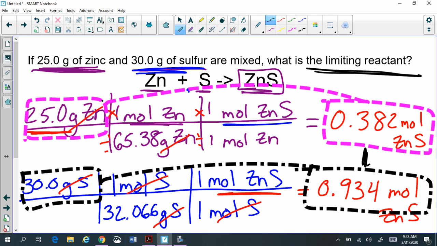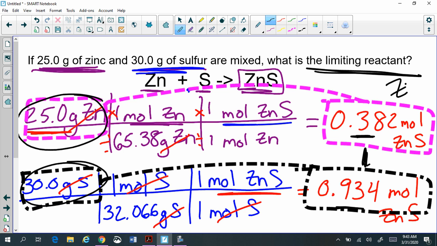It's either zinc or sulfur. It's whichever one of those gives you the least amount of product. In this case, it's zinc, because zinc only gives you 0.382 moles, while sulfur gives you 0.93 moles. So the answer to this question, what is the limiting reactant, is purely just zinc. That's it. That's all you write. Limiting reactant is zinc. That's how you solve those.